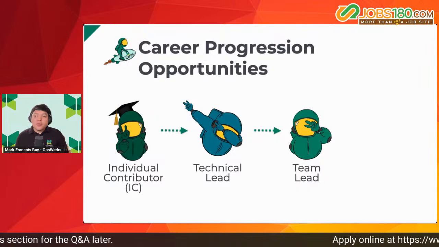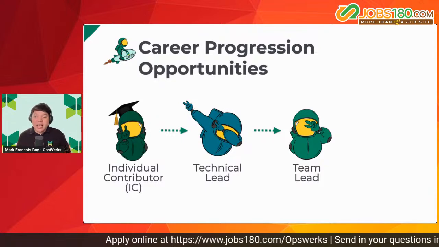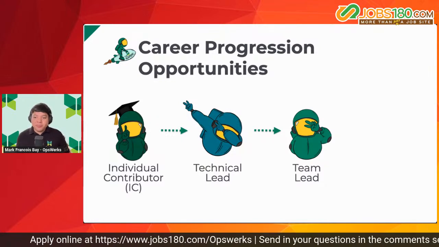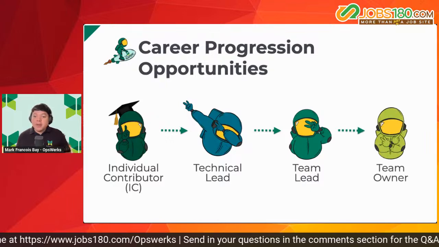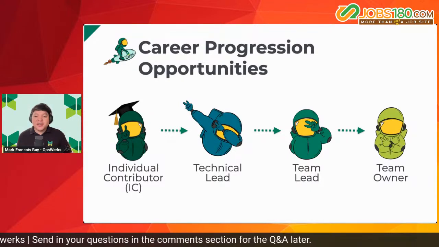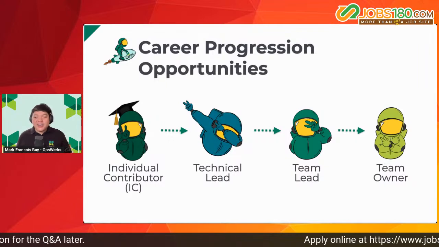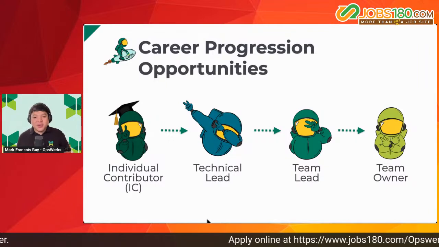You will also be working on managing and strategizing the team's resources, ensuring that everyone is in line with achieving their goals. As you become a team owner, you will be leading from the front and in charge of the success of the whole team. You will be focused on the business side of things and creating meaningful relationships with our customers.